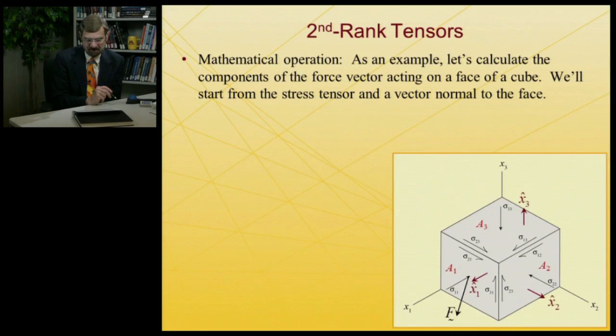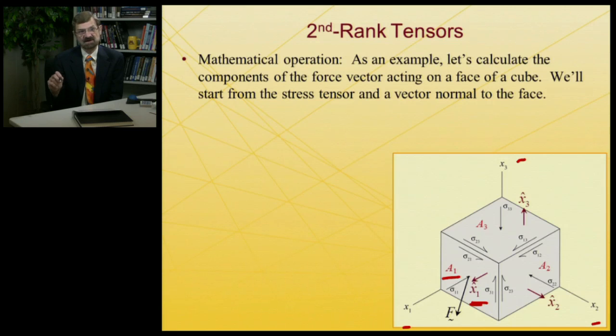Okay, so here we are. Here's our cube. We saw this in an earlier lecture. It has the coordinate system x1, x2, and x3. We're going to look at, primarily in this case, the front face of this cube, the one that has an area A1. It has a normal in the one direction, a unit vector in the one direction.